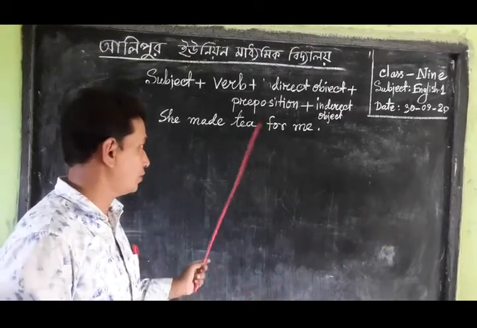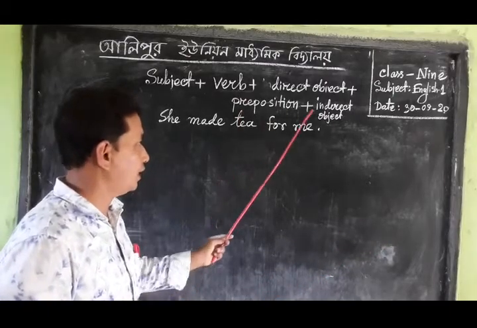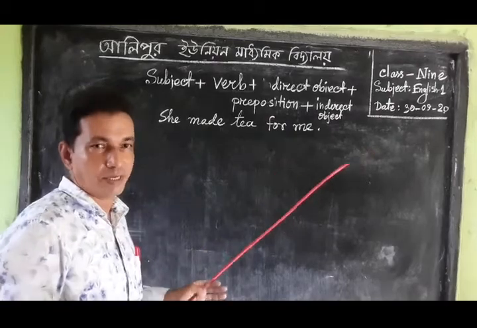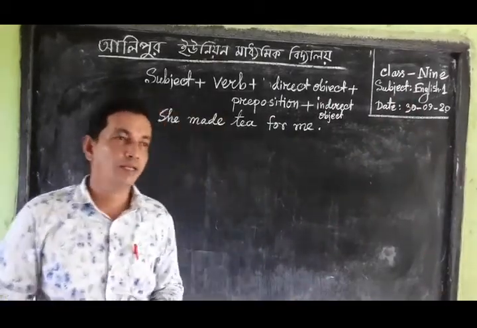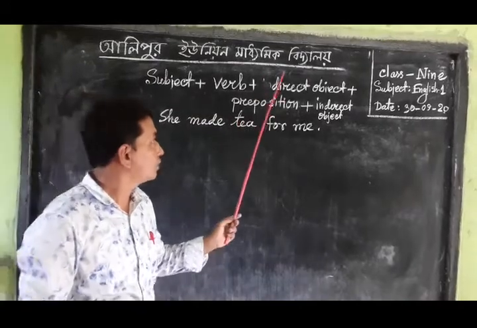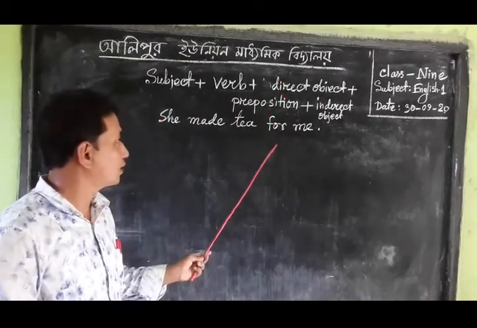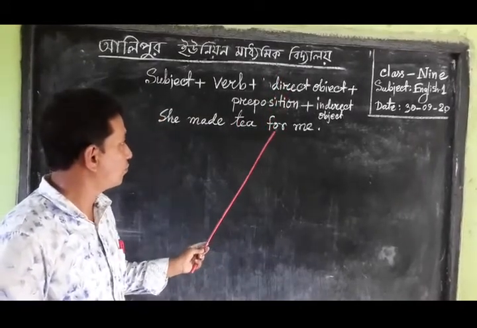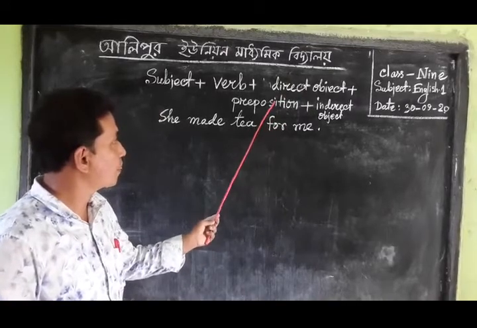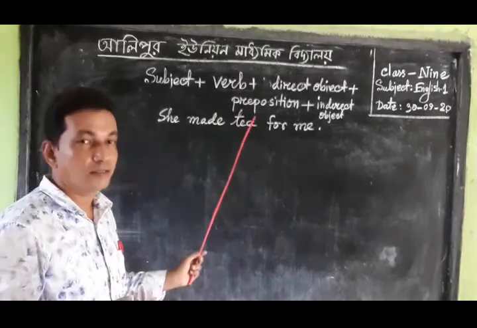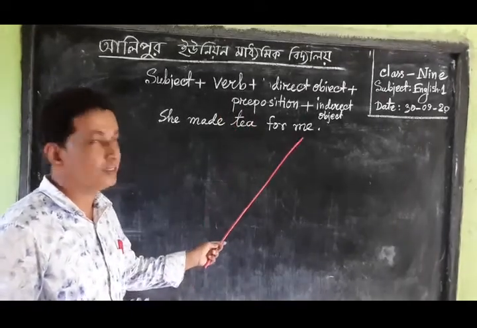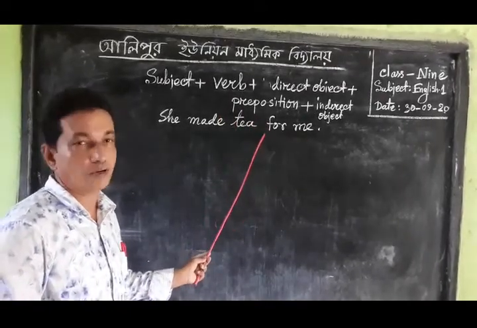Okay, dear learners, when direct object and indirect object are separated by a preposition, then it will be the exact form of this structure, because here tea is the direct object and me is the indirect object, and it is separated by a preposition.